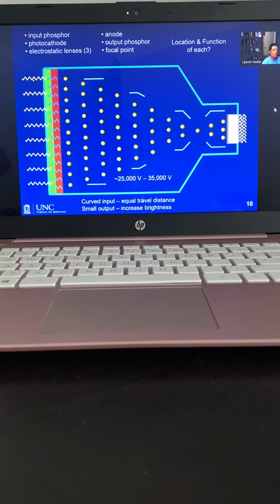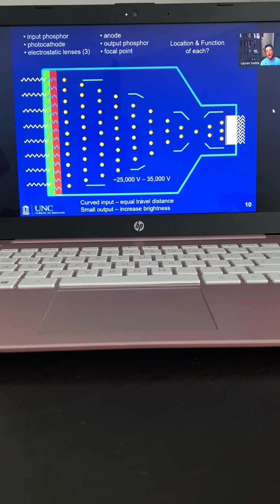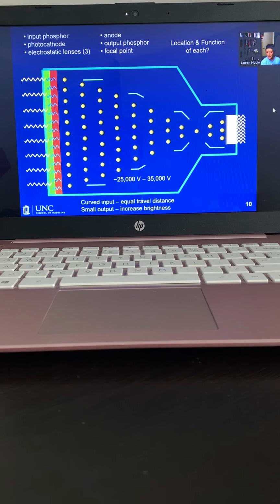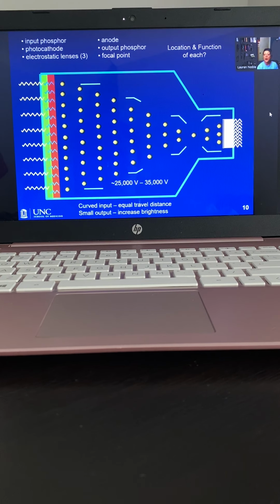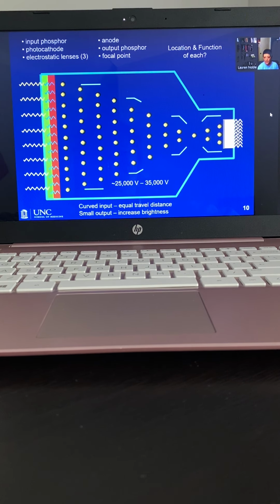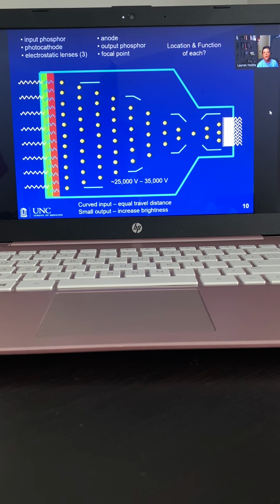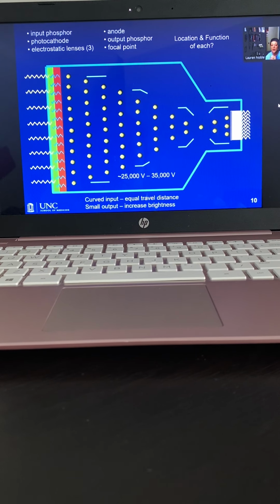The yellow represents the X-rays and it converts them into light. If you notice, we have more light photons than we do X-ray photons. This is one reason why this is called an image intensifier. It is going to intensify the image. So you have X number of X-rays and it produces more light photons than it does for that given number of X-ray photons.